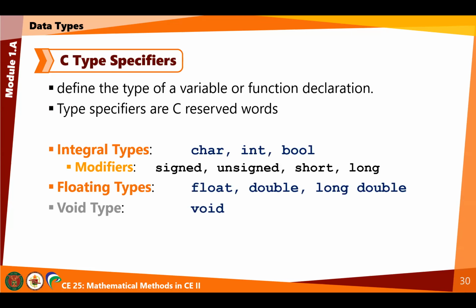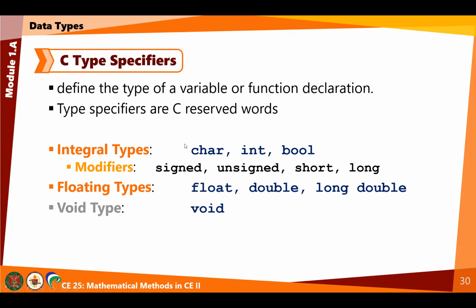Now, integral types. Ayan. Char, int, and bool. Nakita niyo na yung int kanina, di ba? And I think nakita niyo na rin yung char. Yung bool hindi niyo pa nakikita. But let me explain. Yung char is just character. So as you saw earlier, yung characters, no?